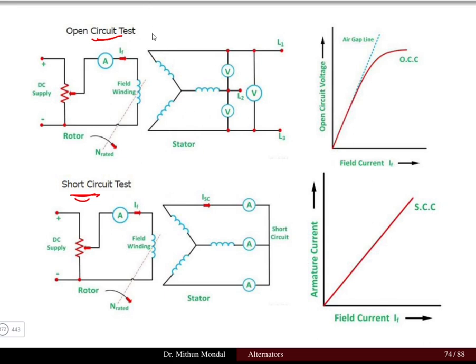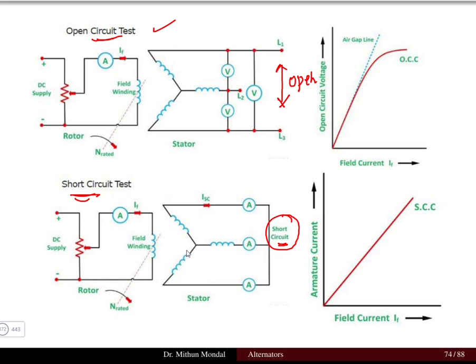In the open circuit test, we keep the terminals open, so we do not connect anything on the terminals. Whereas under the short circuit test, we keep the terminals in the short circuit position.